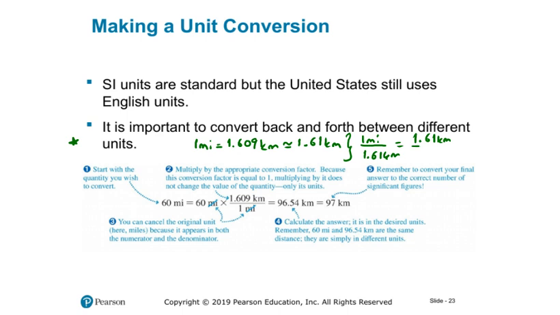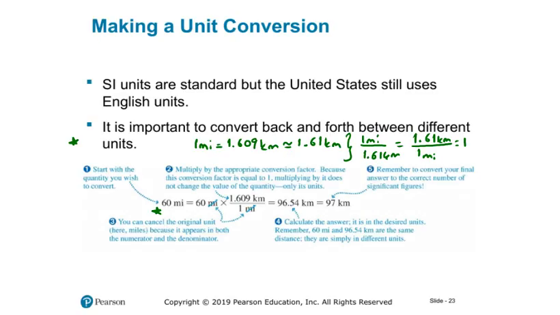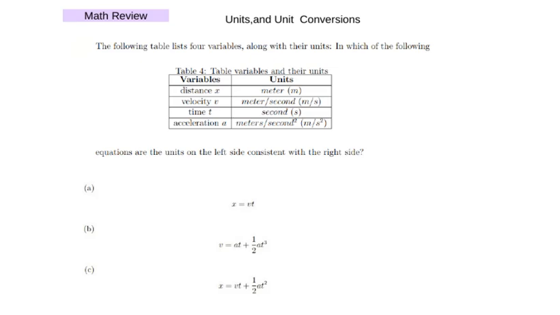This tells me that 1 mile divided by 1.61 kilometers is equal to 1.61 kilometers over 1 mile. This is all equal to 1. So if I multiply my unit with that, the result will not change. Only it will change my unit to a new unit. So keep on going back to this page and this equation to review. I'm also going to post the annotated version of this lecture, so you guys will have solutions there.